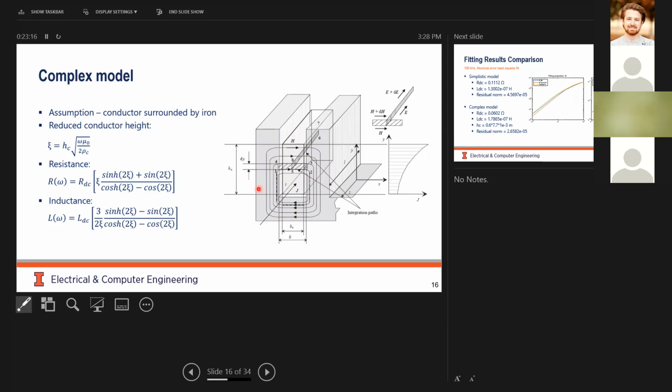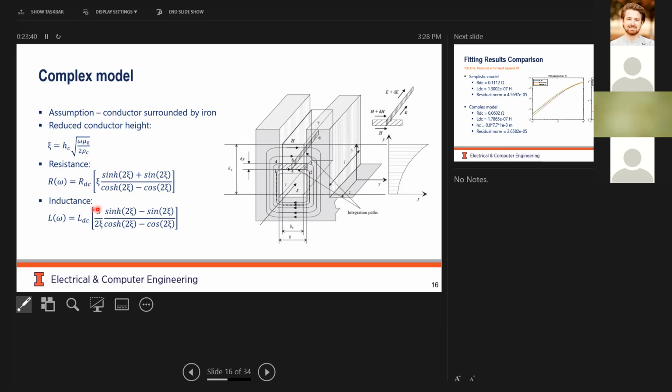But this is just an approximation. So we have the skin depth here, then we have a reduced conductor height here. Then the resistance will be dependent on this reduced conductor height.